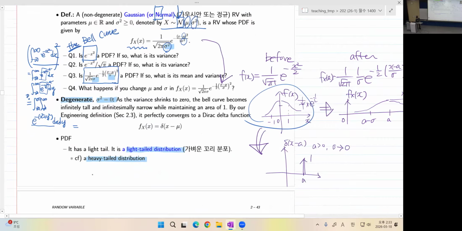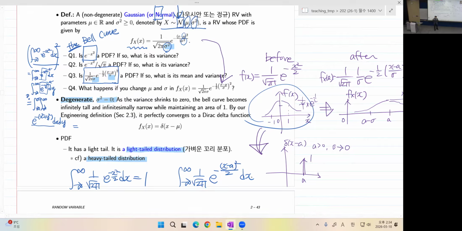So actually what you obtain is this one. This is 1. Now you can shift the function from the origin. Then what happens? You can change x to x minus a.